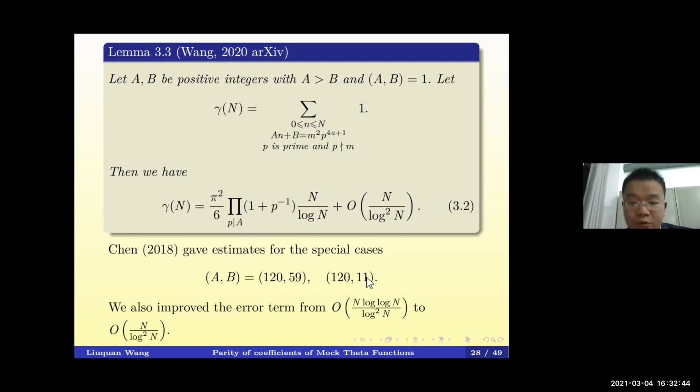And we also improved the error term from big O of N log N over log squared N to this error term, so we can see that the log N term was eliminated from the numerator.